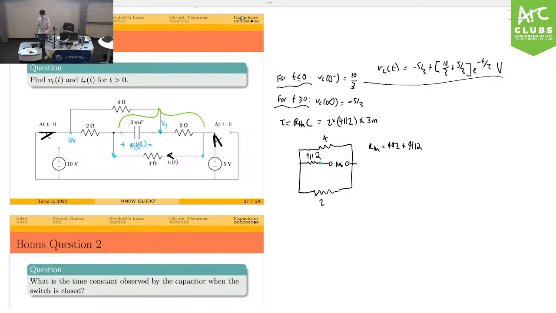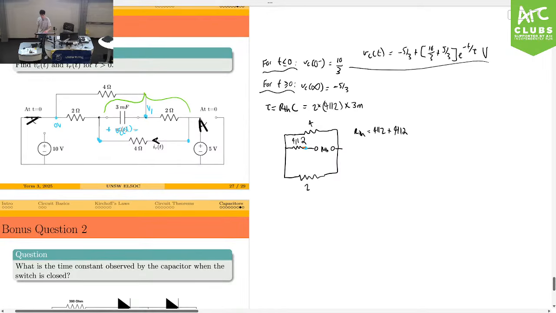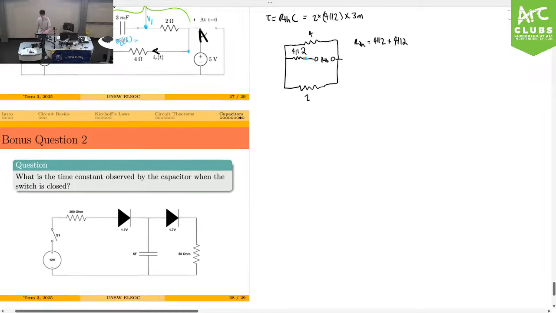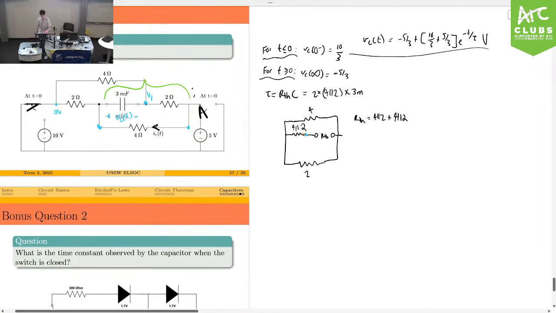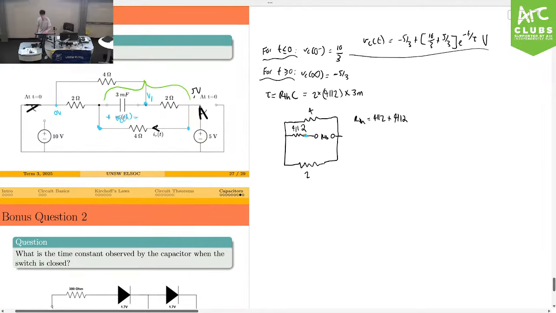This is 5 volts at this point. Then we know that our V of 4 ohms is going to be 5 minus V1.